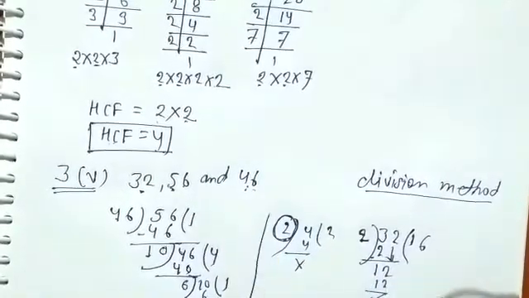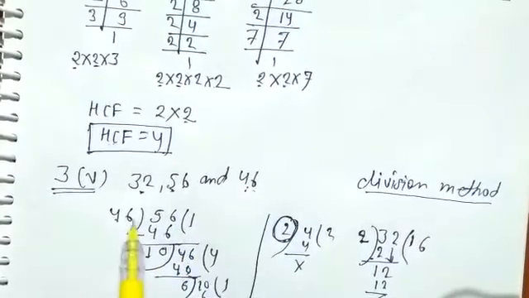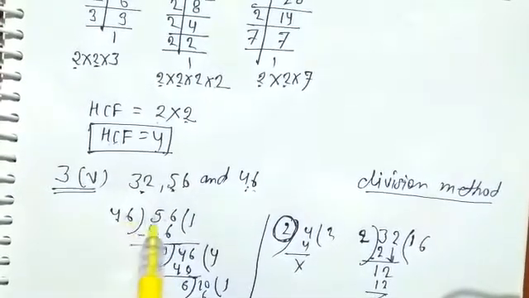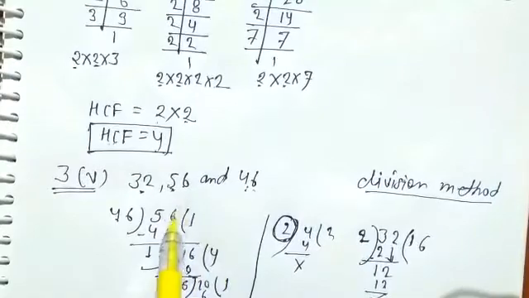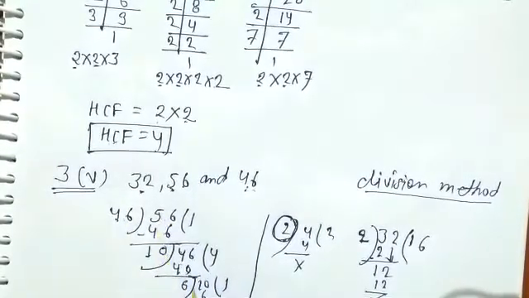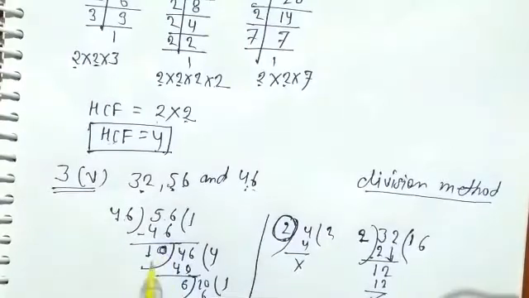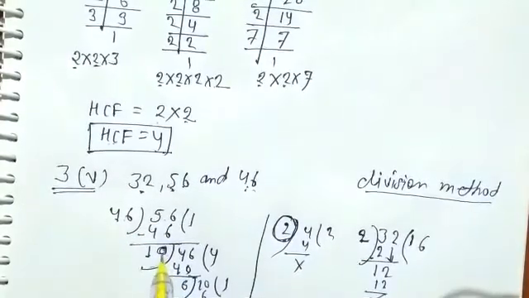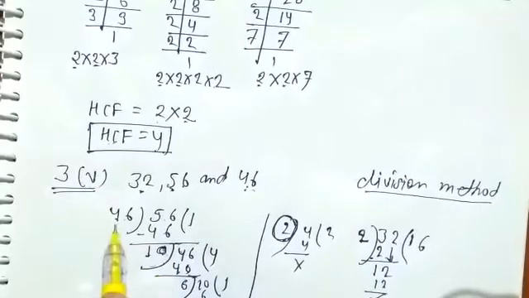What do we have to do in this method? First of all, use any two numbers, find the HCF of those two numbers, dividing the larger number by the smaller number, following the proper method. The remainder will be the divisor for the next step, and the first divisor will be the dividend.